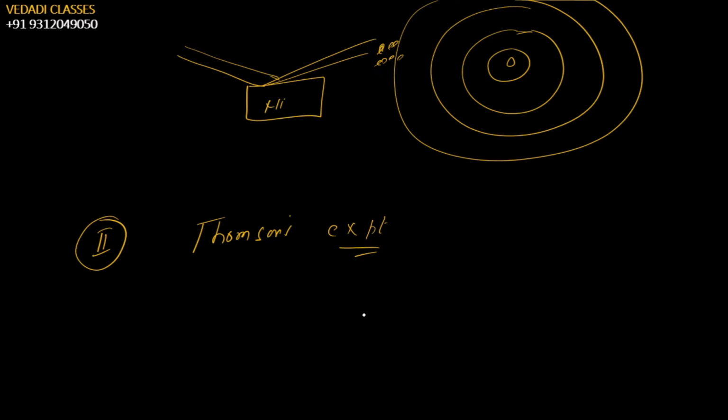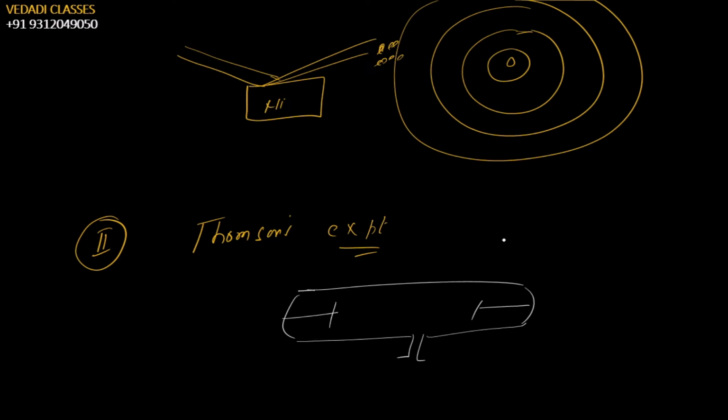What did he do? Suppose this is the cathode ray experiment. This is the cathode, this is the anode. As you already know, this is the discharge tube. The pressure is reduced, and we have taken 10,000 volt.